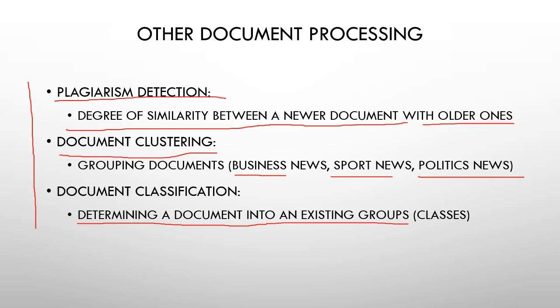Let's say we have a new document from the internet, and we want to place it in either political news, sport news, or business news. So we extract features, and then we finally classify it. Of course, normally it is classified into the cluster which is most similar to that particular document.